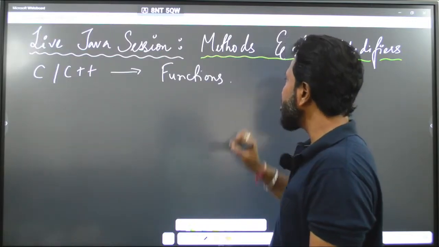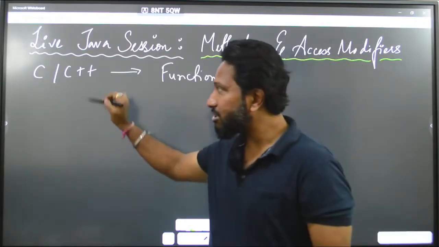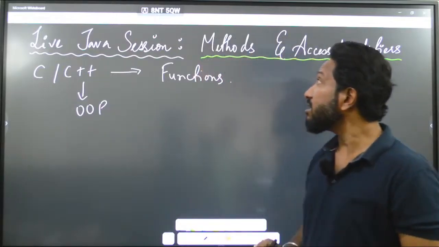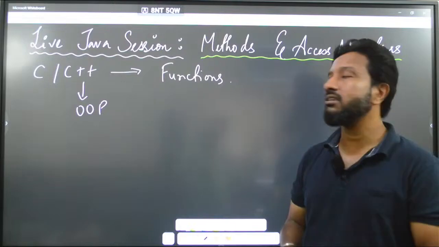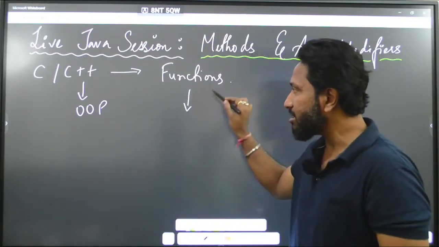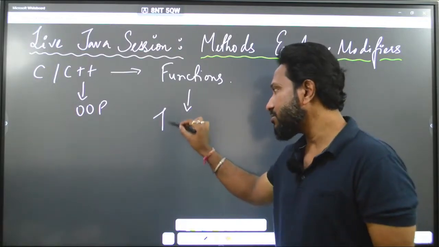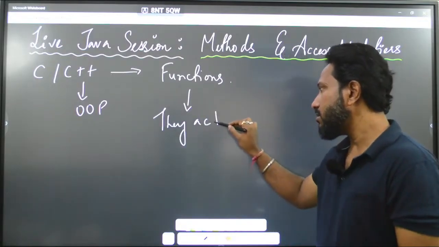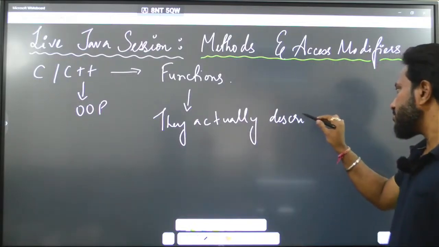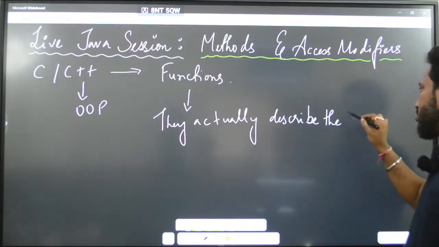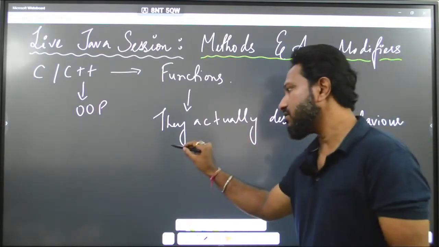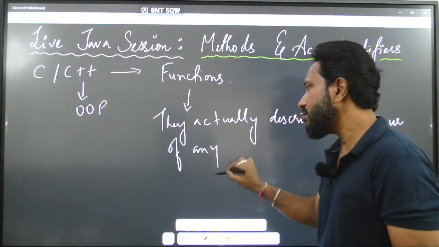But in case of Java, and sometimes in C++ also, because it is an object oriented language, there we call the functions as methods. I will tell you one very simple thing that will make you understand this. They actually describe the behavior of any object.